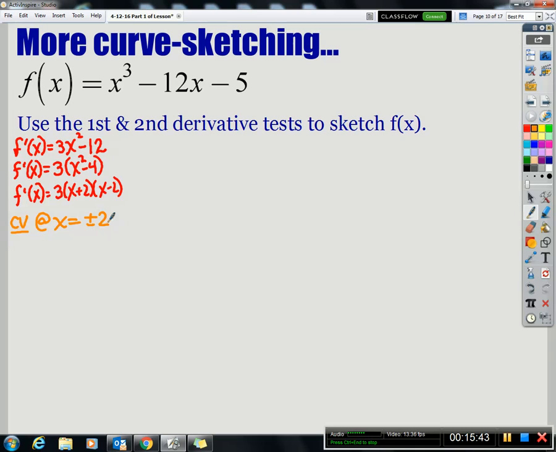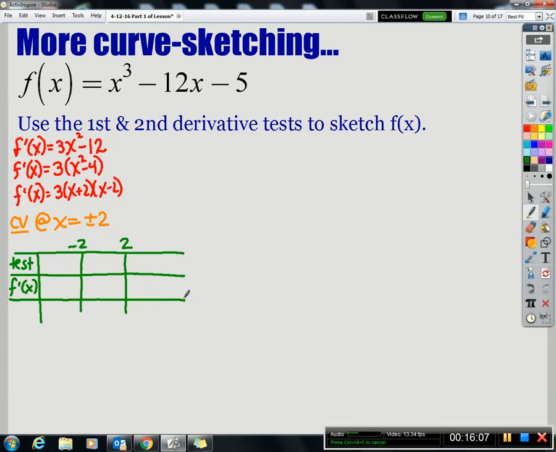So what I do with that now is the f prime sign chart. Let me set up negative 2 and 2 on my first derivative sign chart. Of course, I'm going to put my test values on row 1. I'm going to give you what happens when I plug into f prime of x on row 2. And on row 3, I'm going to put my inferences about the graph of f of x.